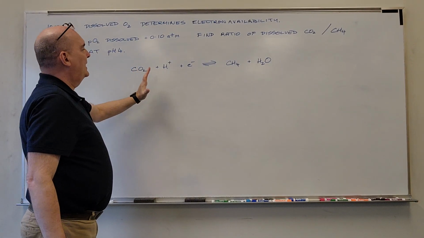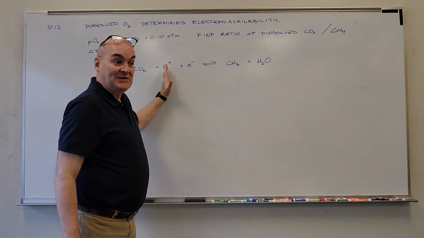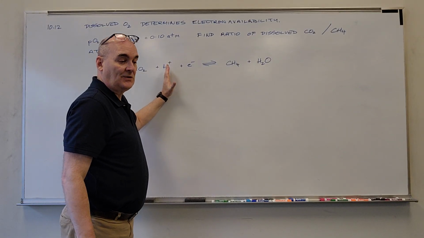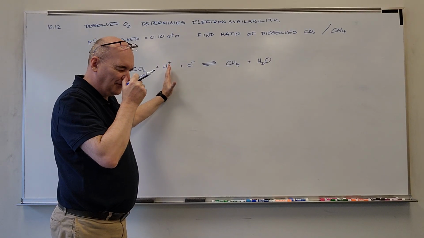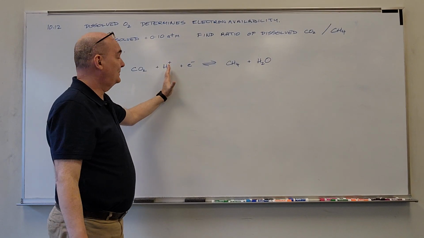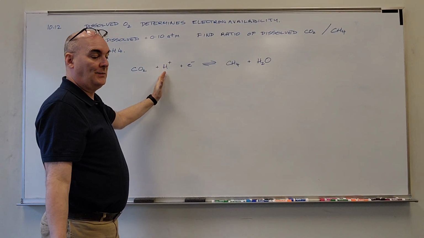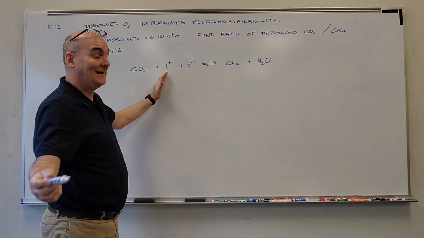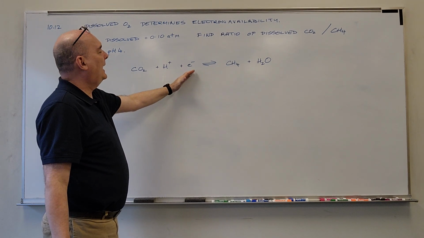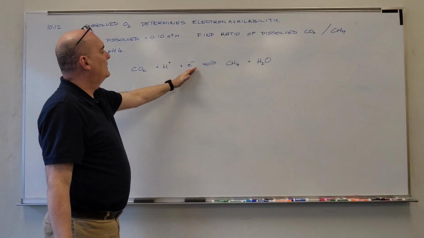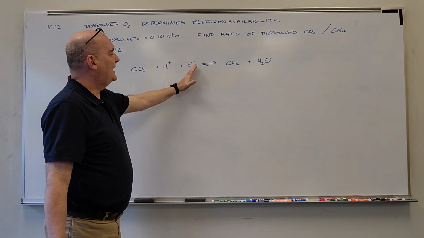I have carbon dioxide, I'm going to have acid, dissolved hydronium ions or protons, because a hydrogen ion only contains a proton. A hydrogen atom contains a proton and an electron. And then this side is a gain of electrons.